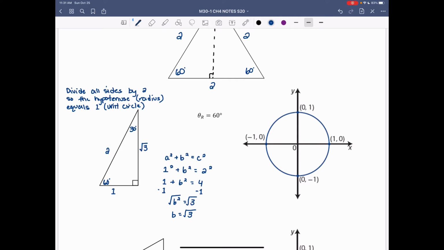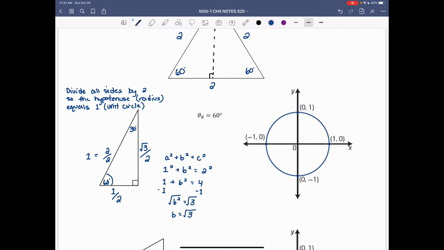So we divide 2 by 2, we get hypotenuse equals 1. We take root 3 over 2 and then 1 over 2, so 1/2. Now we're going to apply this information to the unit circle, looking from this angle of 60 degrees, so our reference angle for this will be 60 degrees.